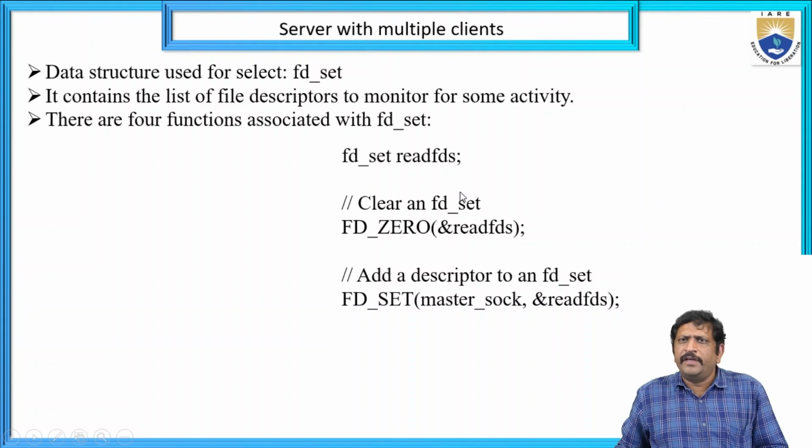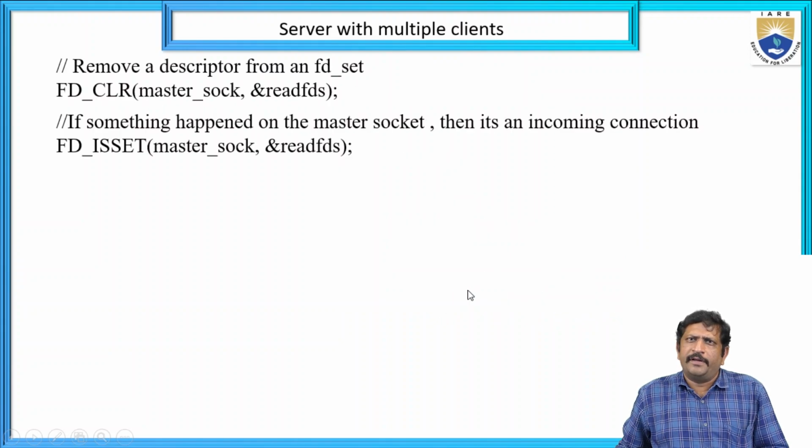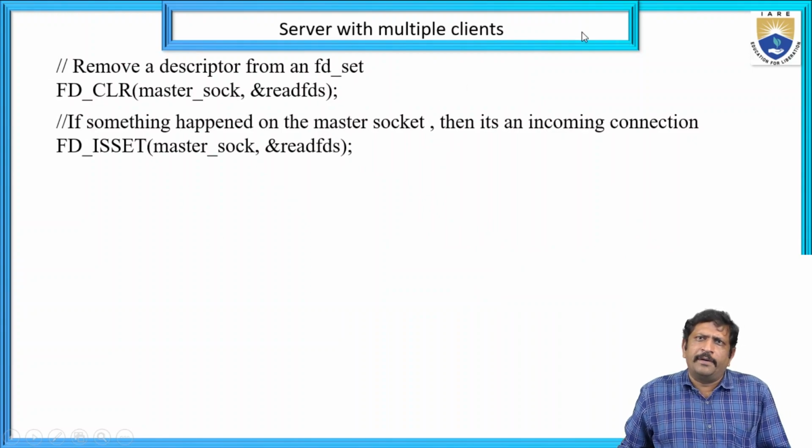That's why we use FD_ZERO with the address of the read file descriptors, &readfds. Then we add a descriptor to an FD set using FD_SET with master socket and &readfds, and remove a descriptor from an FD set.